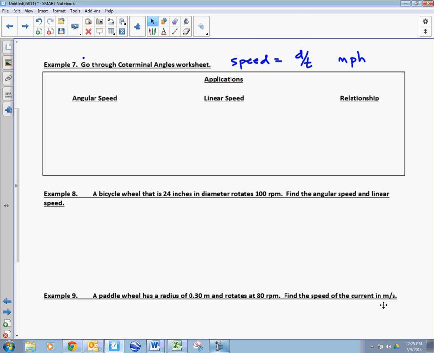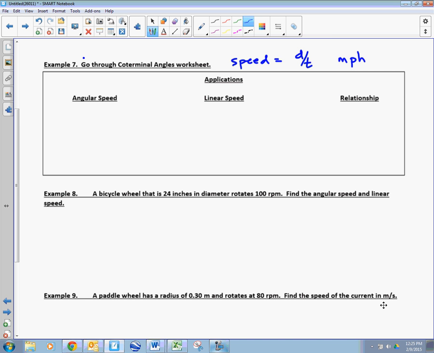All right, whatever. Okay, so speed is distance divided by time. That's what we talk about. But what about angular speed? What if instead of counting the number of feet or inches that we traveled per minute or second, we counted the number of degrees that went by?